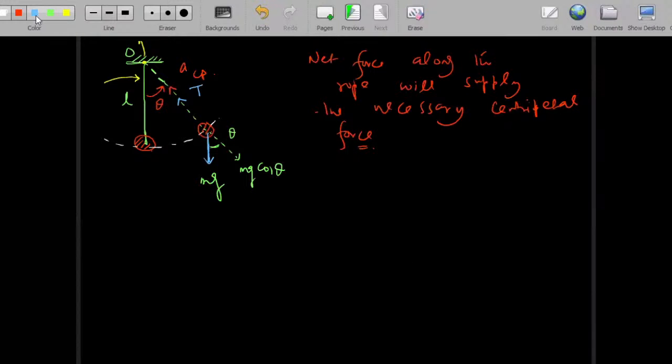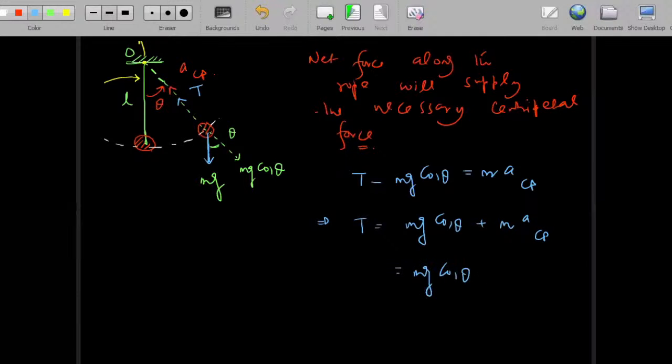So I can write the equation as T minus mg cos theta is equal to m a_cp. So from there, T is equal to mg cos theta plus m v square by L. I hope this is clear for everyone.